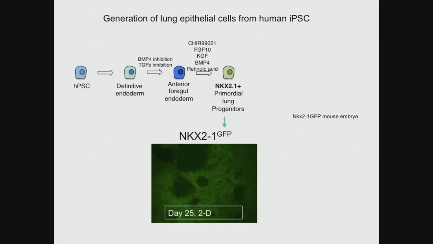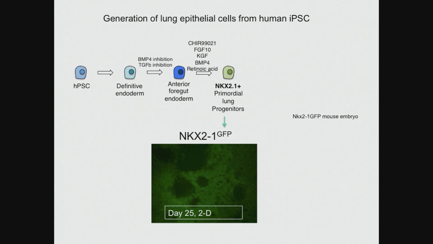And then if you expose those cells to the key factors, WNT, here activated by this GSK3 inhibitor, CHIR99021, we just call it CHIR for short, BMP4 and retinoic acid, they will induce an NKX2.1 positive primordial lung progenitor.